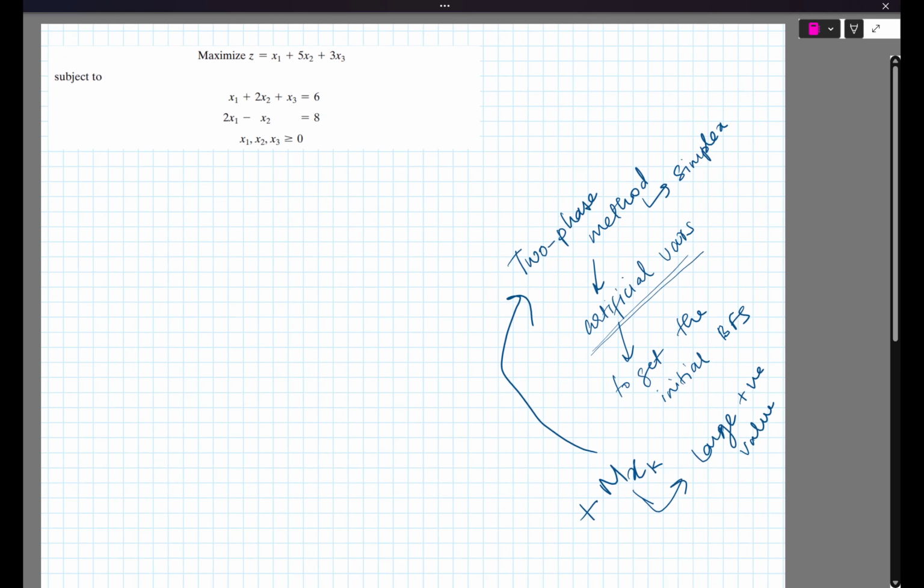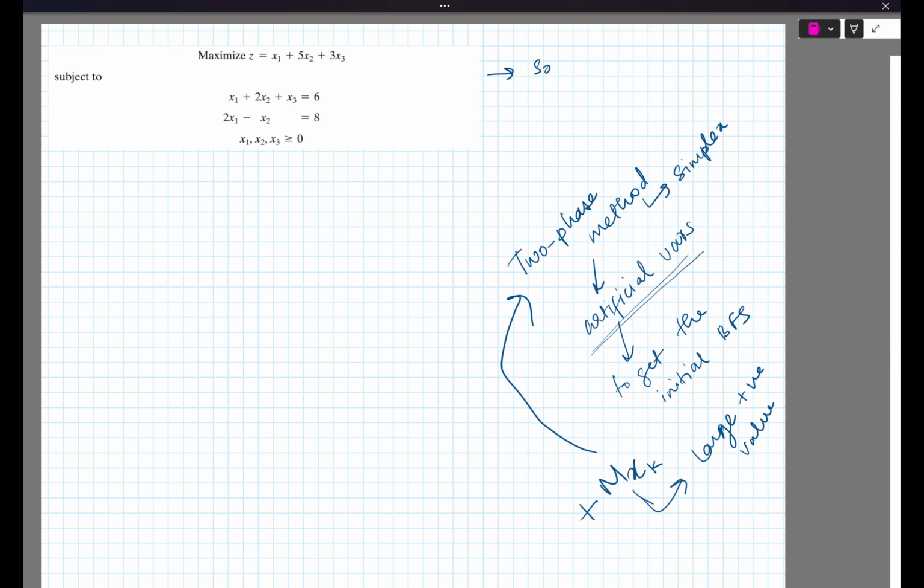We need to solve this using the two-phase method. Okay, let me erase this part.